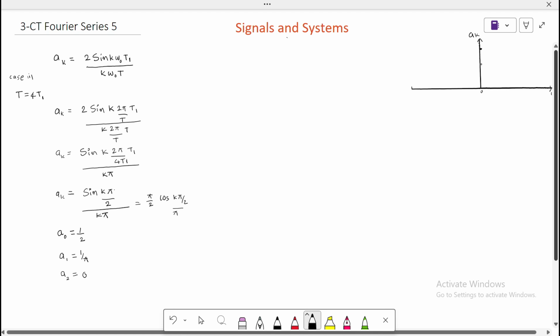At 1, the sample equals 1 by pi, and this is minus 1. At 2 it is 0.